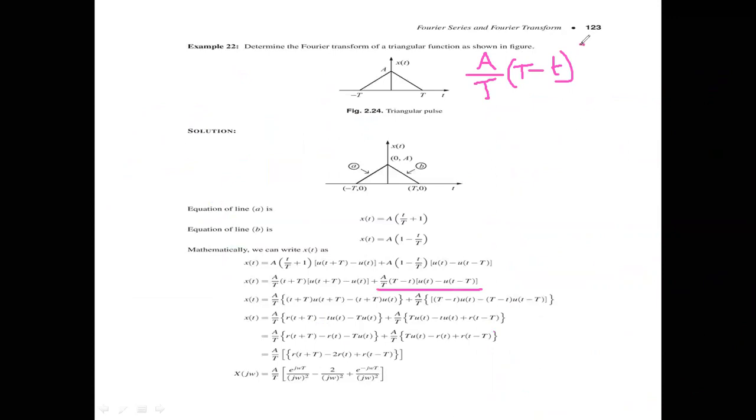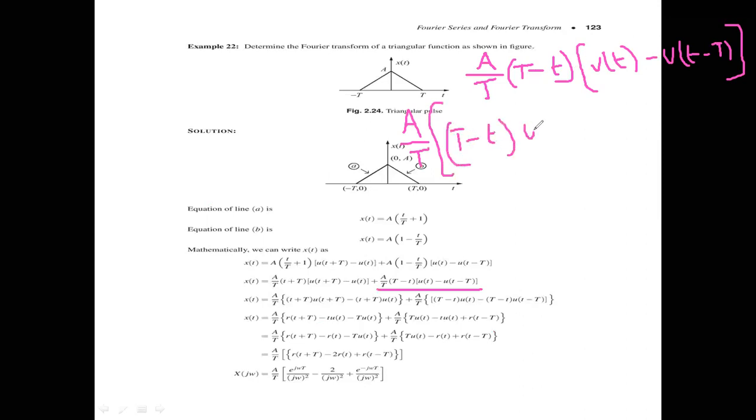Okay. Whole multiplied with mu of t minus mu of t minus T. Okay, my dear students. Now, keep A by T common to all the terms. Multiply this T minus small t with the mu of t.